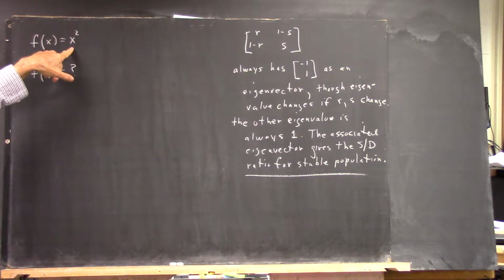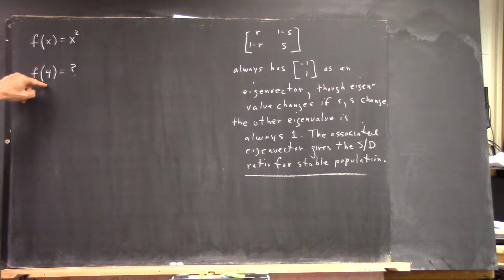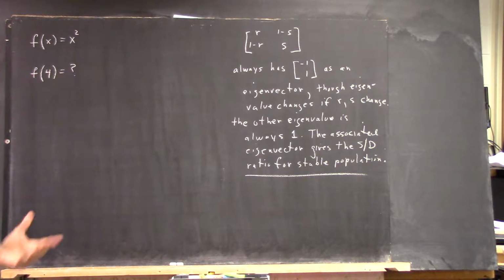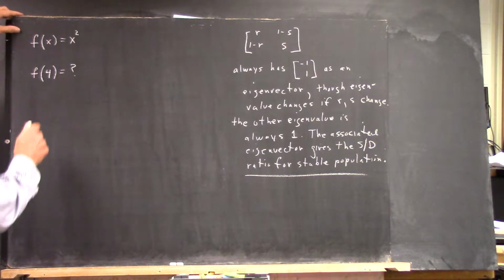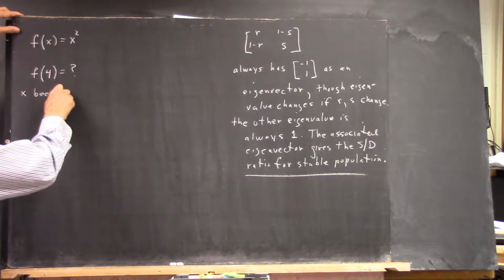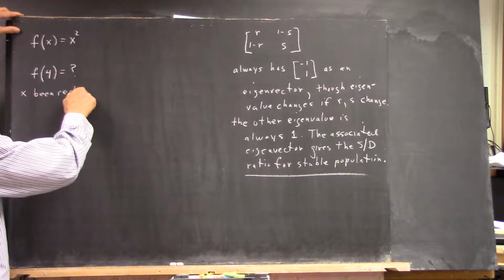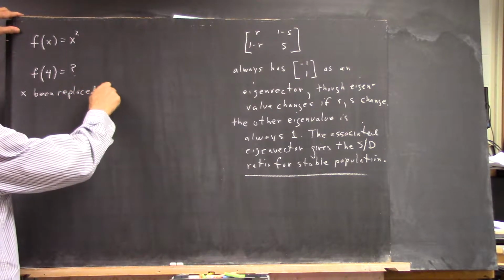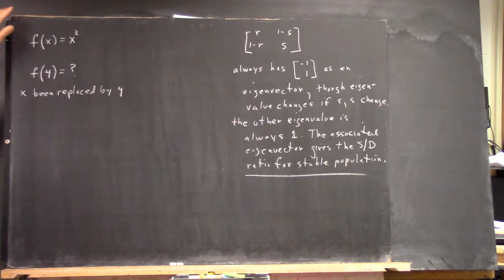Replacing x by 4 is going to change this expression. So the whole key is x has been replaced by 4.